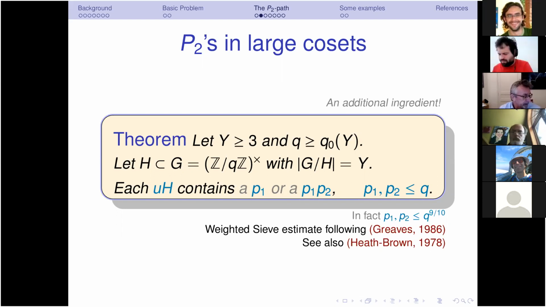I have to compare, but the fact is that I don't remember whether the result is that you have P1 P2 less than Q to the 2 minus something, or whether it's P1 P2, each of them being less than Q to the 2 minus something. I think it's P1 P2, the product of them being less than Q to something.